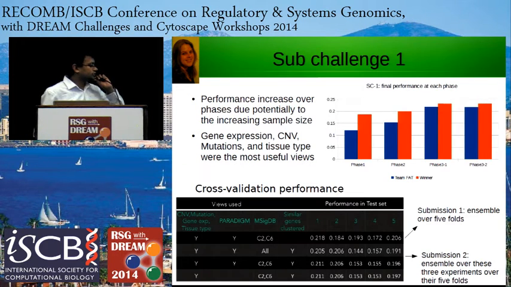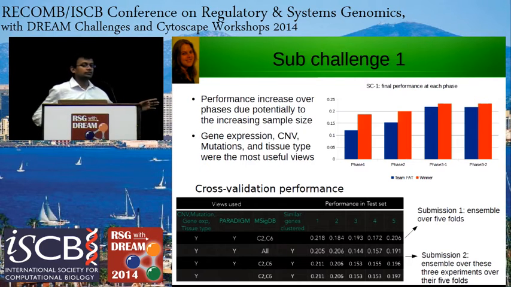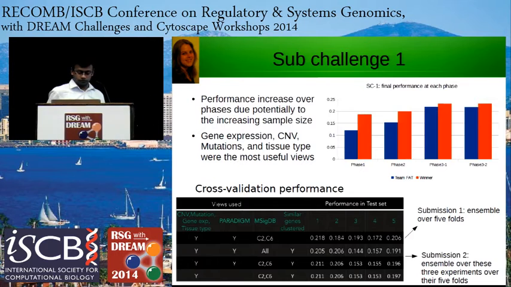And submission 2 is an ensemble over 3 different experiments where we have tried several combinations. One of the aspects that we have tried to explore is to incorporate the similarity of the gene essentialities in the following 3 experiments.